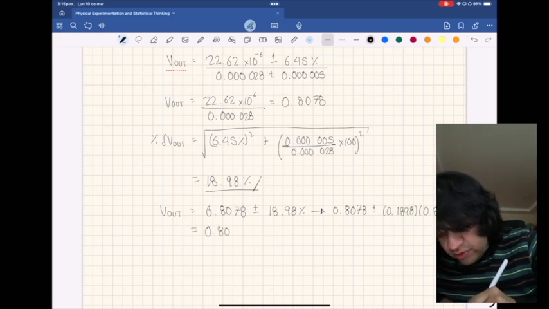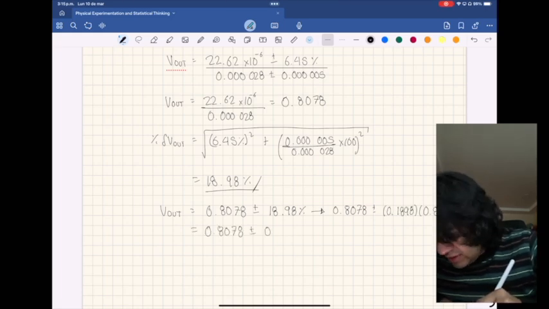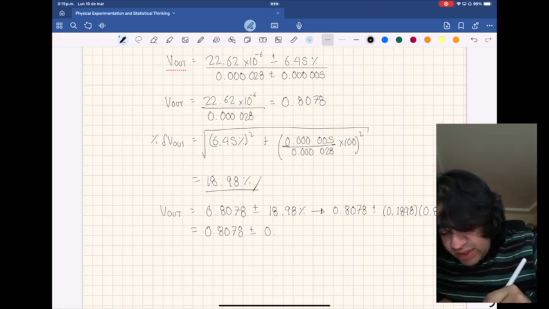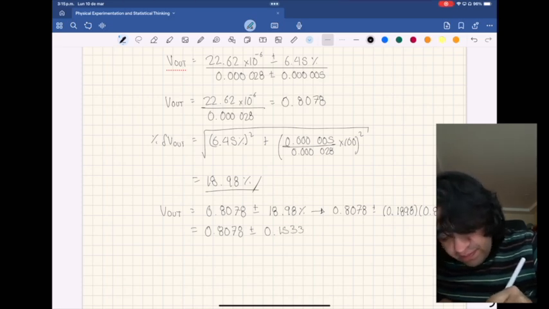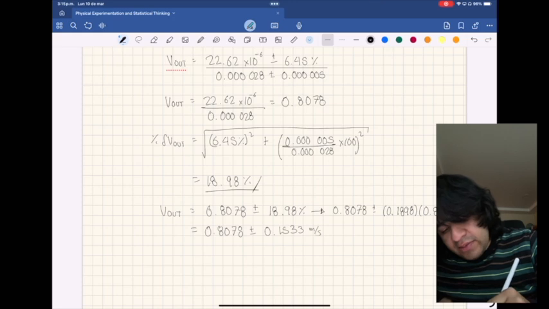So our new value for the outlet velocity is 0.8078 plus minus 0.1533 meters per second.